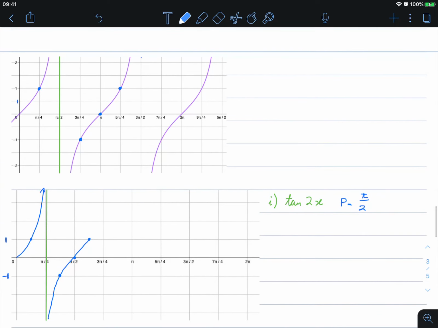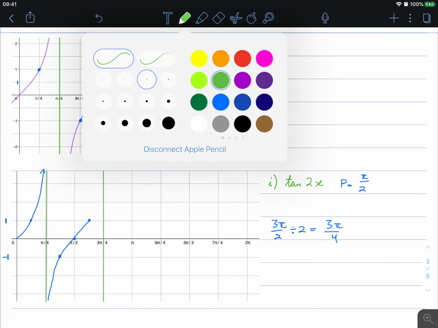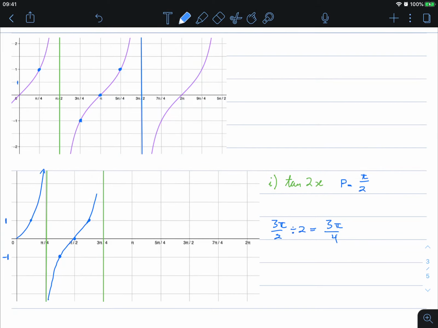This asymptote is originally at 3 pi on 2. But we're going to halve its distance from the y-axis, which becomes 3 pi on 4. So this asymptote is going to be at 3 pi on 4, like this. So this goes off to infinity.